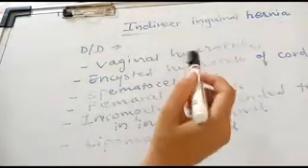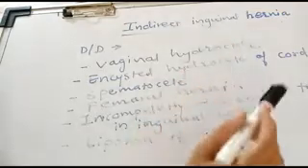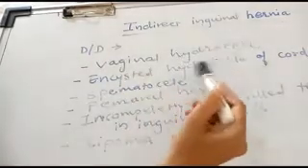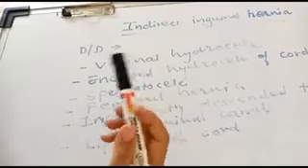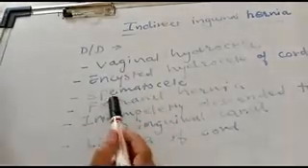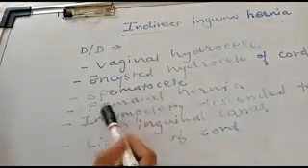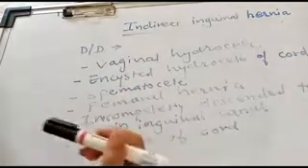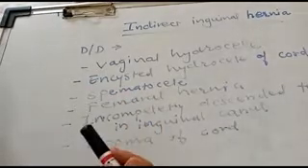Hydrocele is a collection of serous fluid in the scrotum. So you have to differentiate it from hydrocele and the complete or scrotal inguinal hernia. Hydrocele is not reducible manually, while the indirect inguinal hernia can be reduced manually. Then femoral hernia lies just below the inguinal canal.